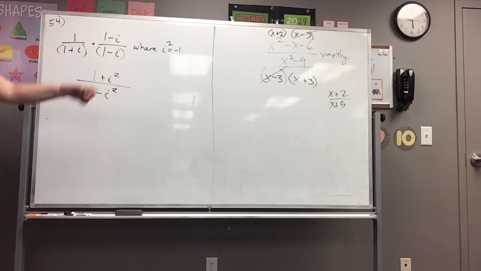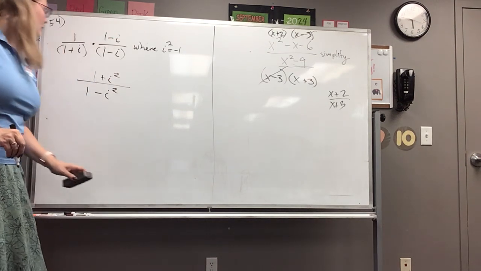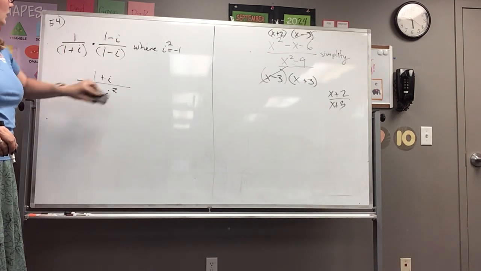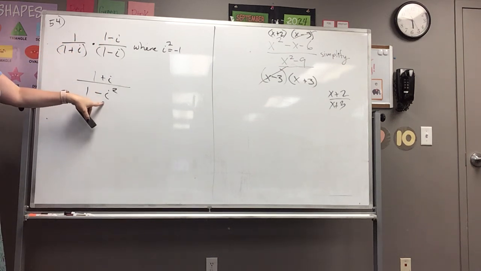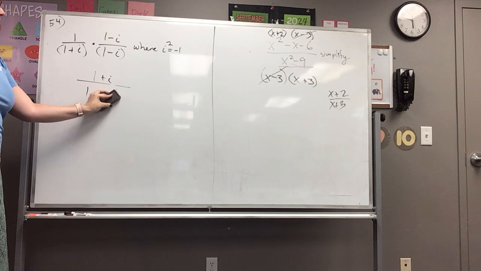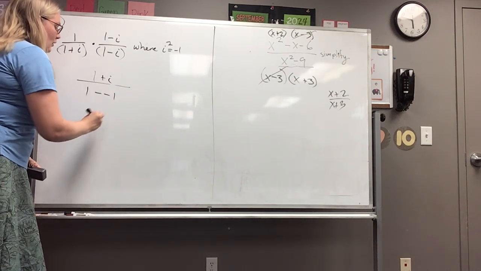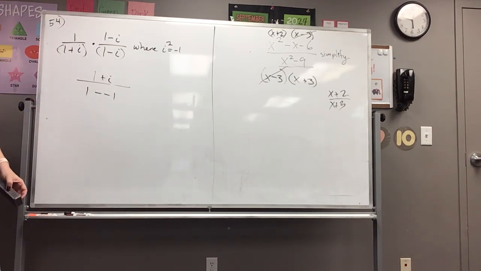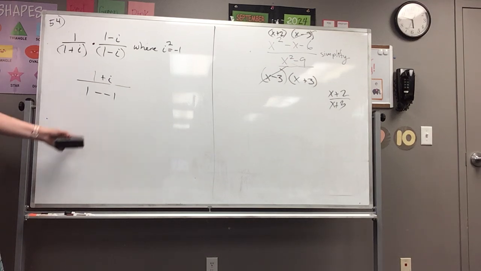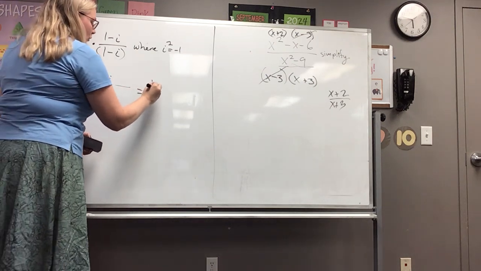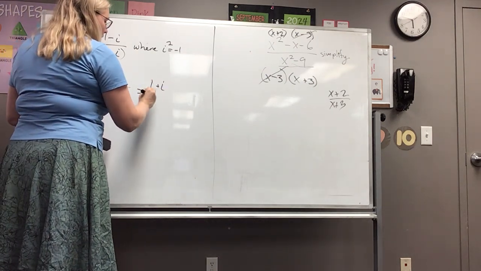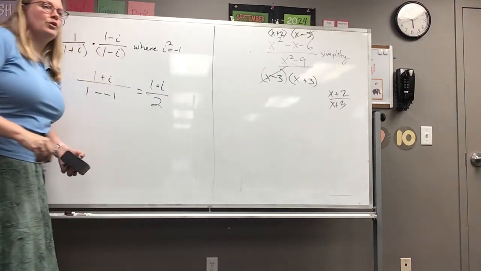But they told us that i squared, oh sorry, I've got an extra squared in there. So there's our top, there's our bottom. Okay. i squared can be replaced with -1. What's minus -1? Plus 1. Becomes +1, or 1 plus 1 is 2. So we have 1 plus i over 2.